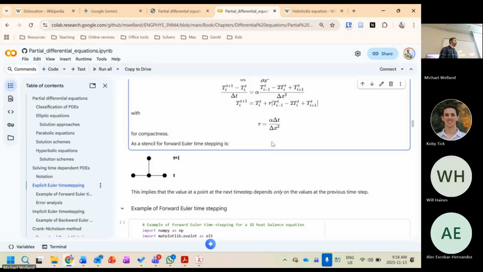Have you guys covered this sort of thing before, the Crank-Nicolson method, anything like that? Okay, I learned it in terms of these stencils. I'm just going to show it to you because it's a nifty visualization thing. It's a little bit outdated at this point. The idea with this one is, at a given time, you have temperature at three spatial points.